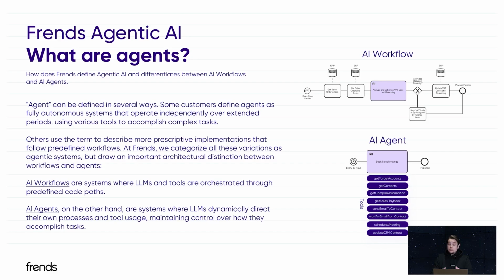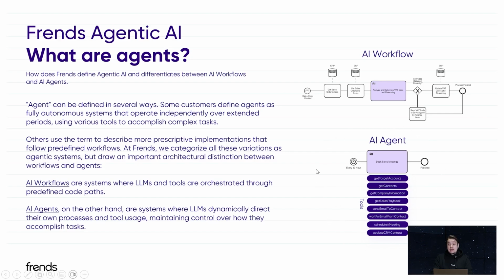First of all, we consider two main types of agentic AI use cases to be caught under this umbrella term of agent. We have AI workflows, as you can see here in the top part of the presentation, and then we have AI agents, as you can see in the bottom part.